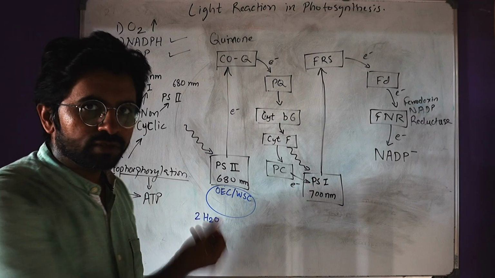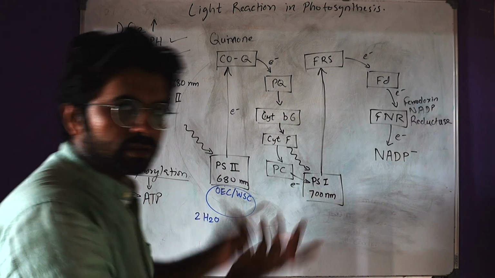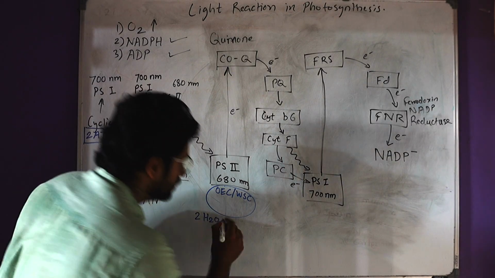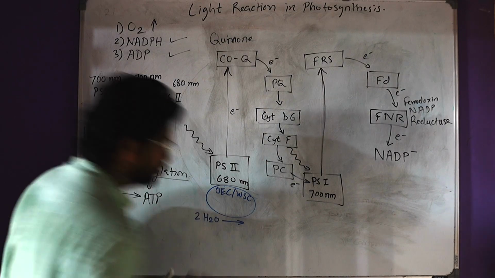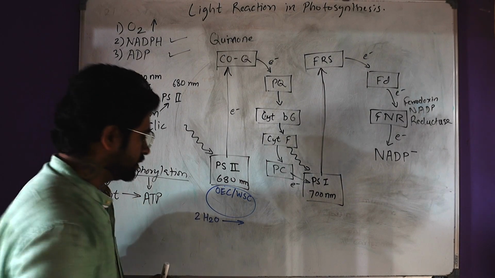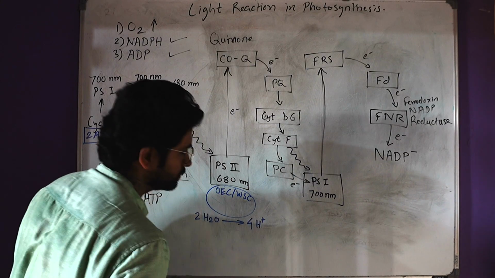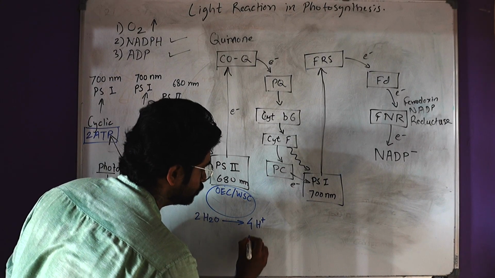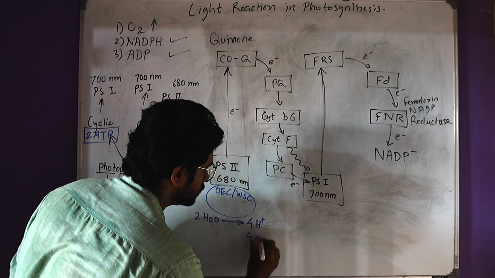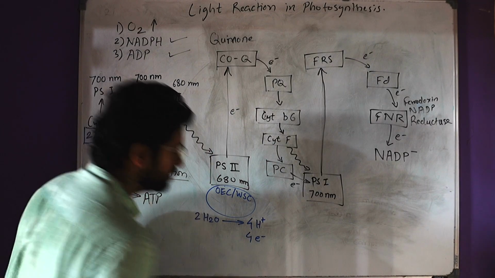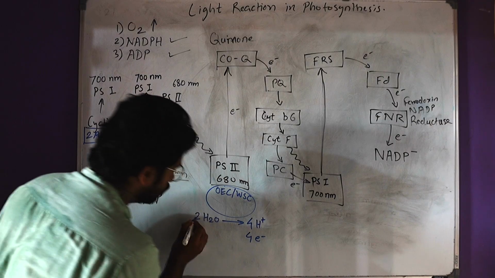That's why I am referring to 2H2O. Otherwise I would have used something else. So when 2H2O splits, it splits into 4 protons, 4 electrons and O2.